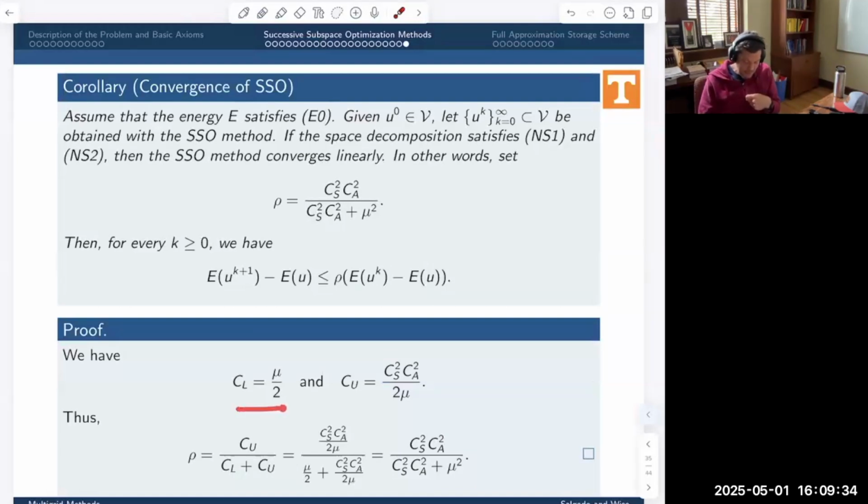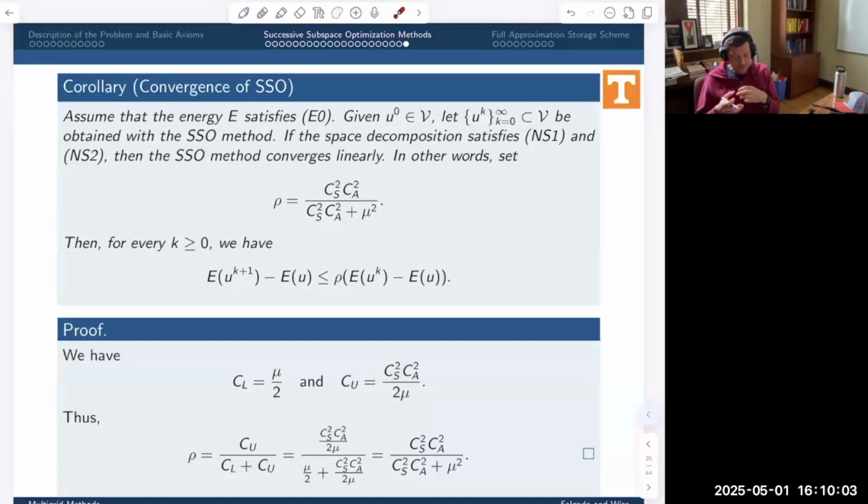The lower bound comes with this constant mu over 2, so it only involves the constant from the strong convexity. The upper bound has the strong convexity constant, but it also has the two constants associated to the strengthened Cauchy-Schwarz and the stability constant. So this one, as I recall, was the stability constant, and this one was the strengthened Cauchy-Schwarz.